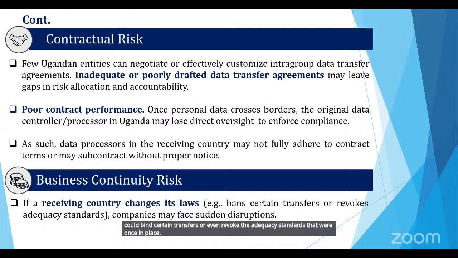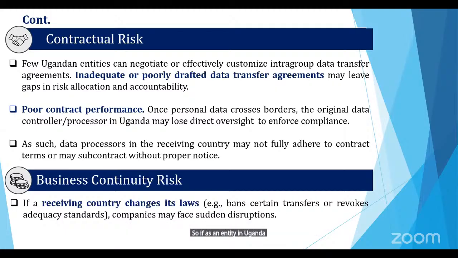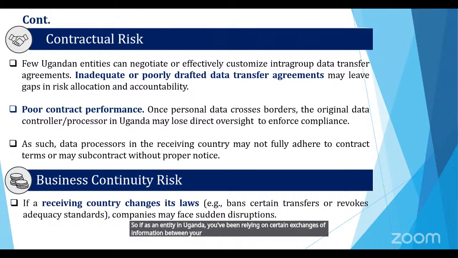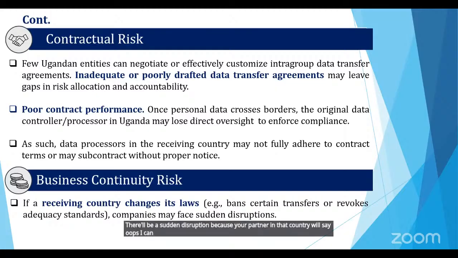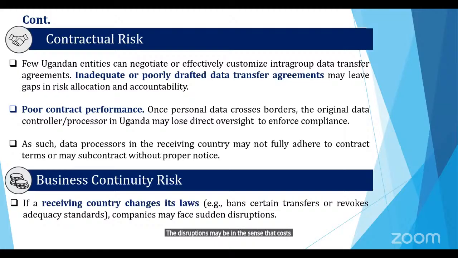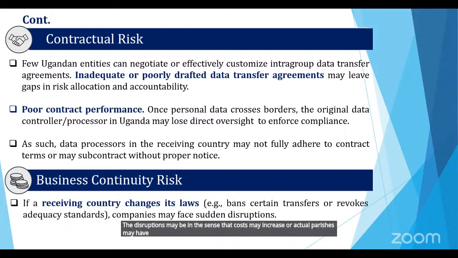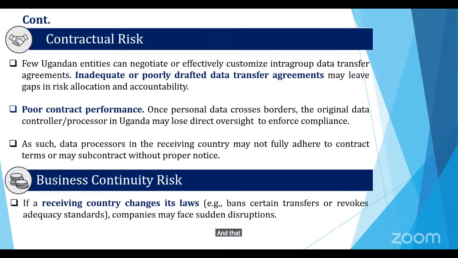So if as an entity in Uganda, you've been relying on certain exchanges of information between your vendor or partner in that country, there'll be a sudden disruption because your partner in that country will say, oops, I can no longer receive this information, or it won't be as protected, or there is some increased obligation on myself to comply and it's going to cost me money. So the disruptions may be in the sense that costs may increase or operations may have to come to a standstill. And that results, of course, in economic loss and uncertainty in the business.